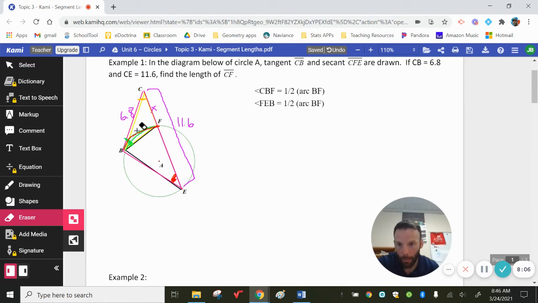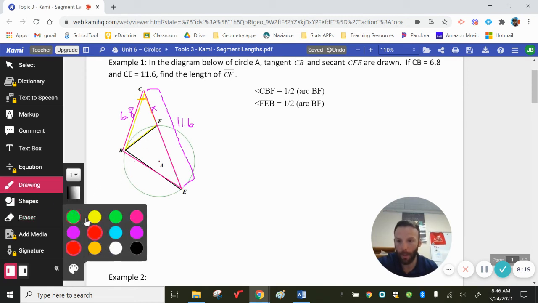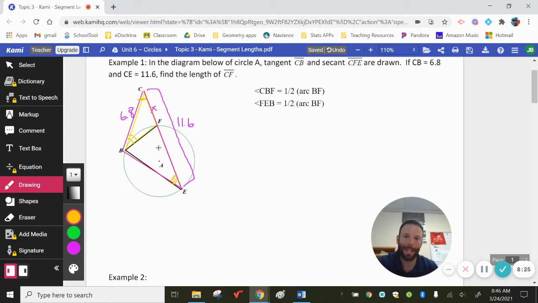Now I'm going to erase these marks just so that it doesn't make things too confusing. But that's why I know those 2 angles have to be congruent to each other. Let me go back to my orange. So the angle right here at point E has to be congruent to that angle because each of them is half of that arc.